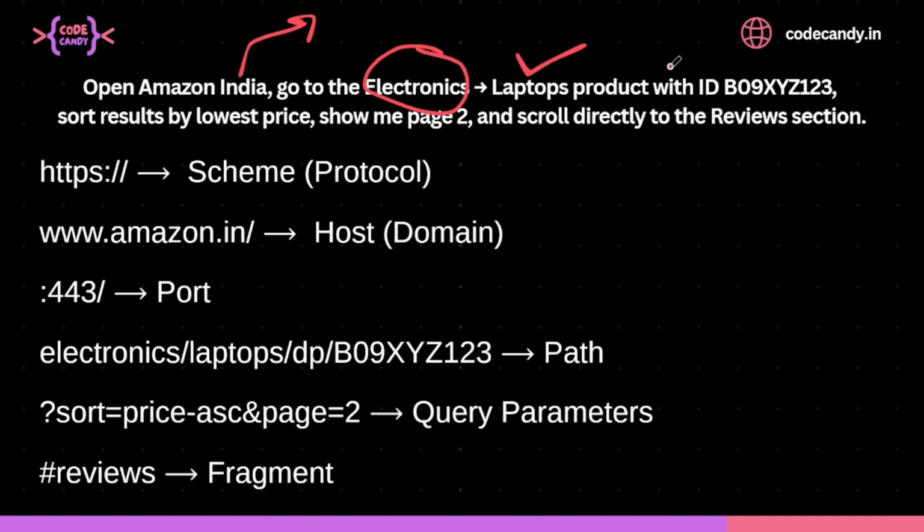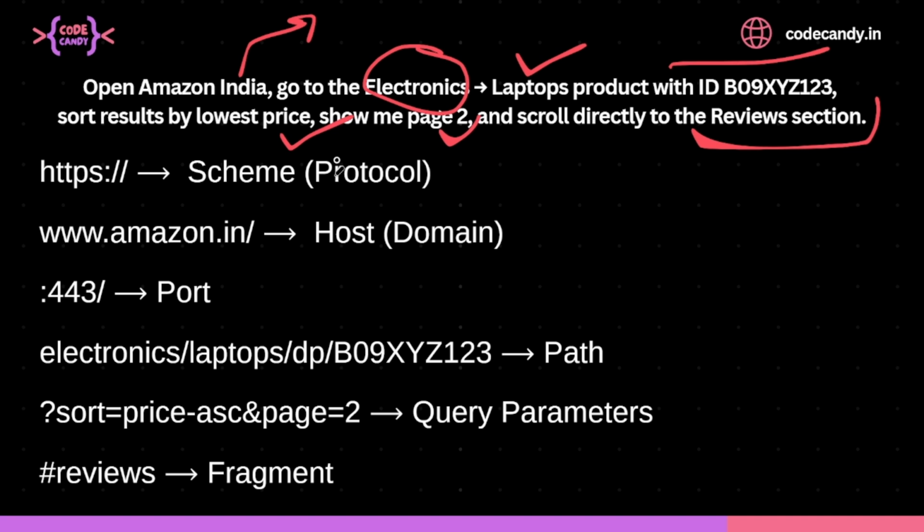In that laptop, I am searching with the product ID B09XYZ123. In that product, I am searching for the lowest price. Only show me page 2 results and go directly to the review section. This is the entire thing I want to search from the Amazon server.